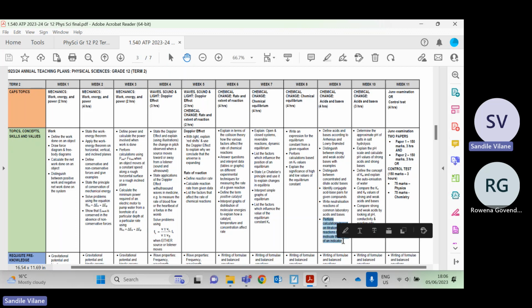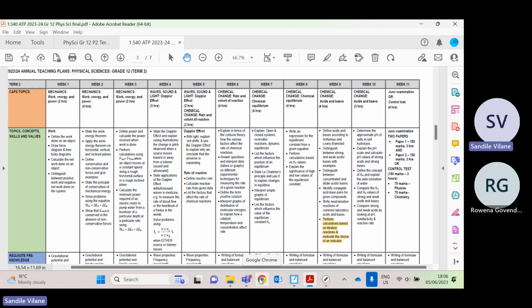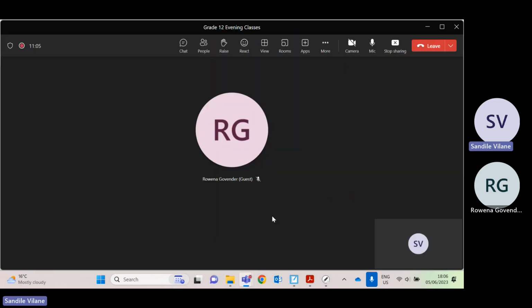They simply say perform calculations based on titration reactions and motivate the choice of an indicator. And for the choice of an indicator, you definitely need pH. I will find out. It's just that now it's a bit too late to find out, but I will consult with a few people.